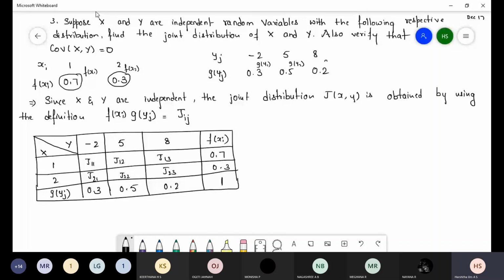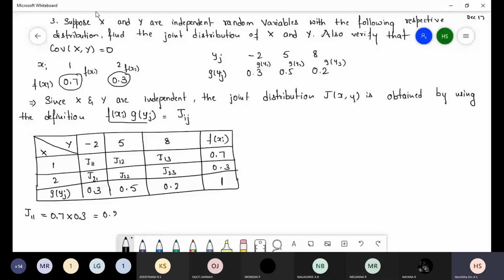Now we have to find out J11. J11 means x1, y1. According to the definition, f of x1 into g of y1. F of x1 value is 0.7 into g of y1 is 0.3, that is 0.21.